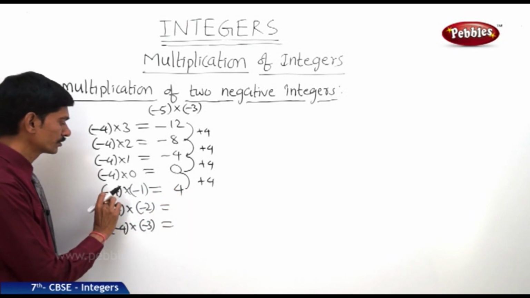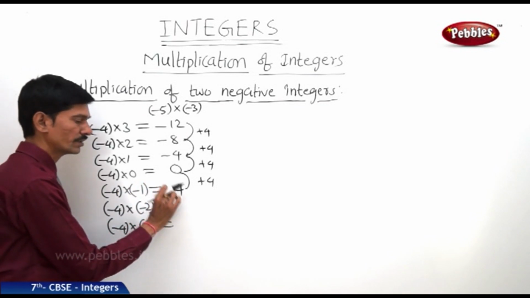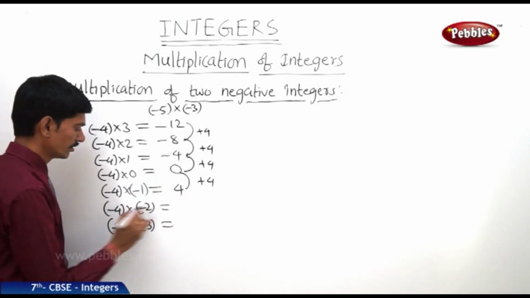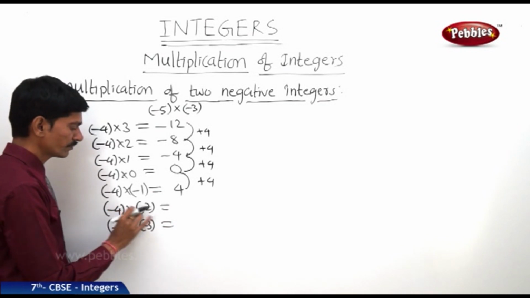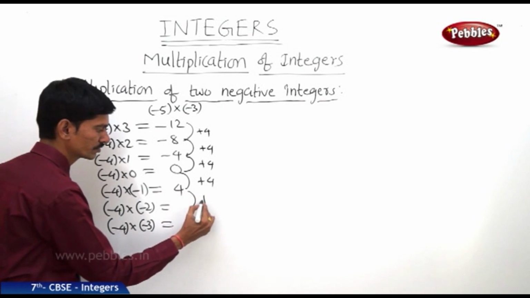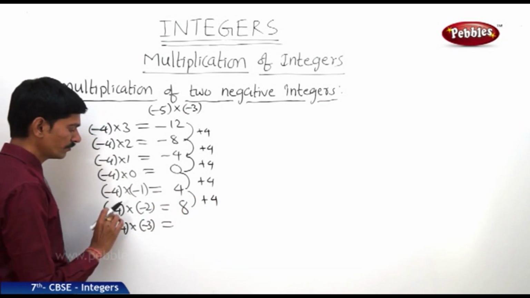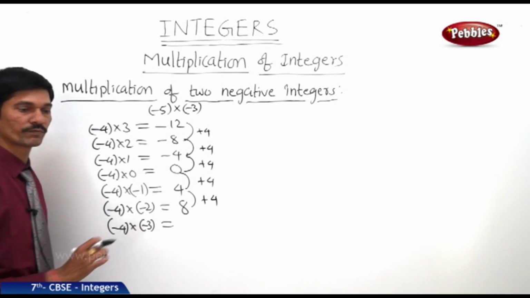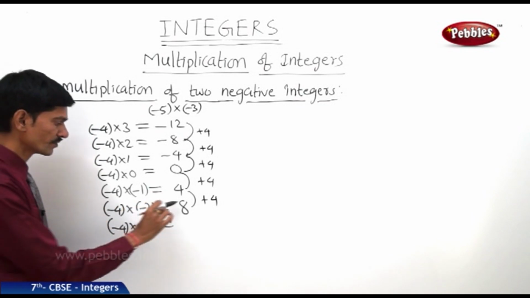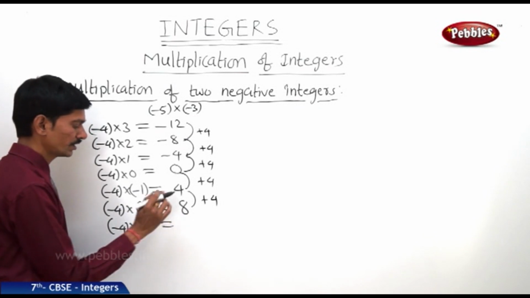So when you multiply minus 4 with minus 1, then we get 4 as the product. So when you multiply two negative integers, we got the product as a positive integer. Then when you multiply minus 4 with minus 2, then again the product is increased by 4. So 4 plus 4 is 8. So when you multiply the two negative integers minus 4 and minus 2, we got the product as the positive integer 8.